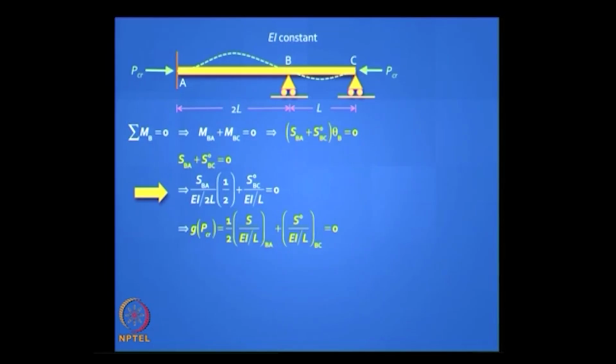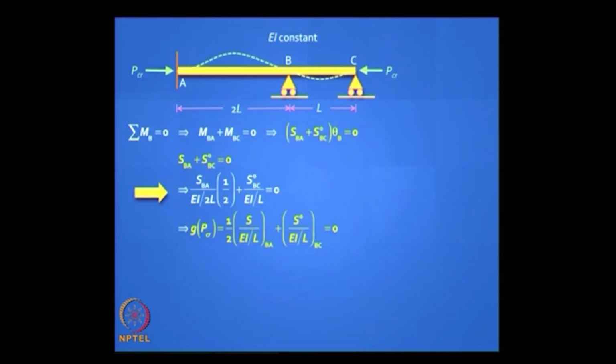If you divide throughout by EI by L, you can get a transcendental equation G in terms of P critical. Does that make sense to you? I divide that equation by EI by L. Okay, can I get this equation?